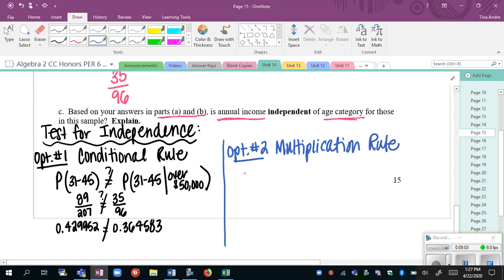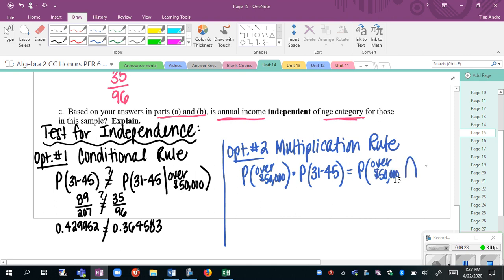This would mean the probability of over 50,000 times the probability of 31 to 45 would have to be equal to the intersection of those, over 50,000 with the 31 to 45. I'd look in my table here.